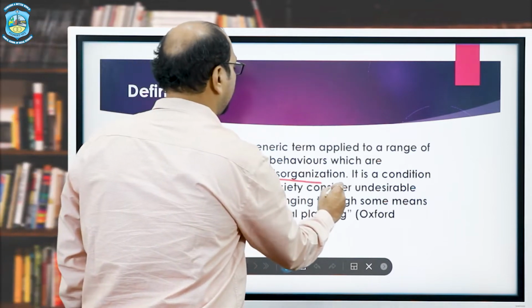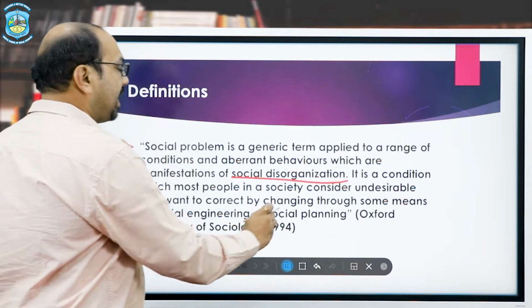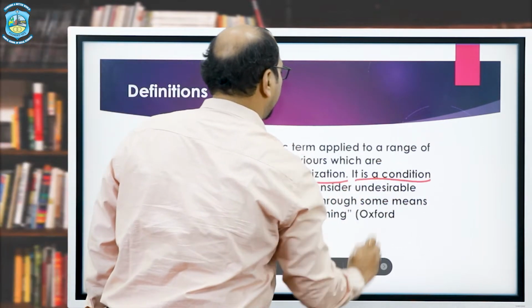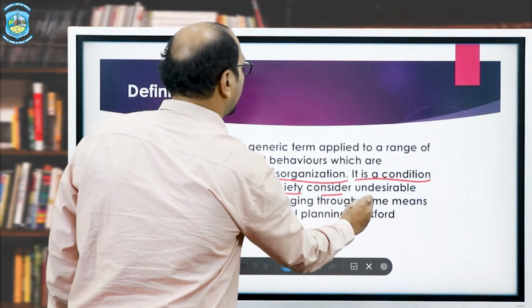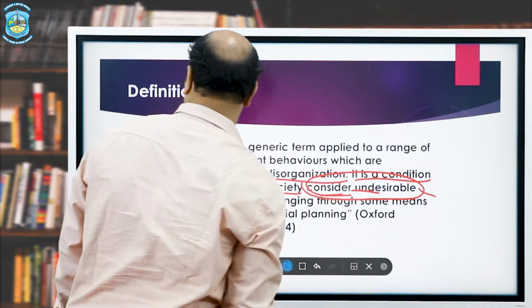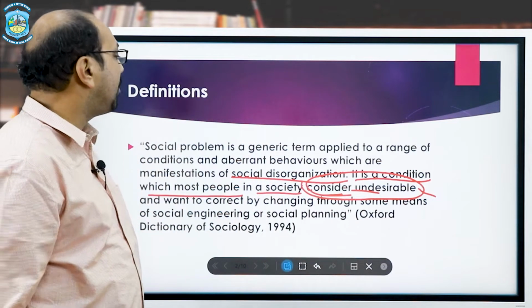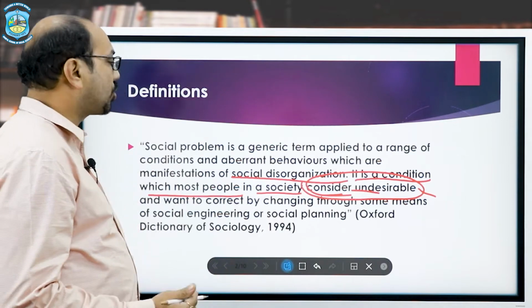Here the key term is social disorganization. Again, it defines it as a condition. It is a condition which most people in a society consider undesirable. This is a key term. And want to correct by changing through some means of social engineering or social planning.